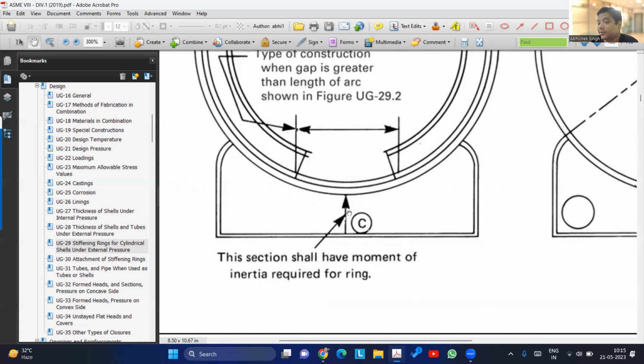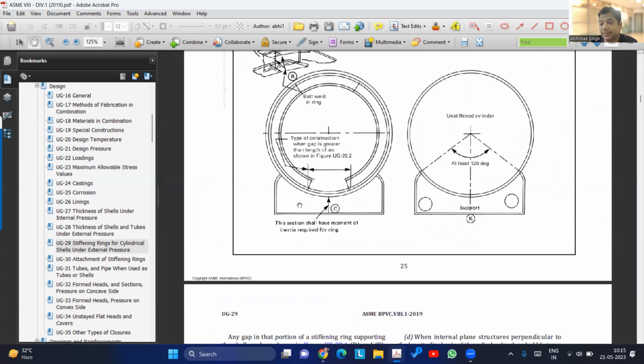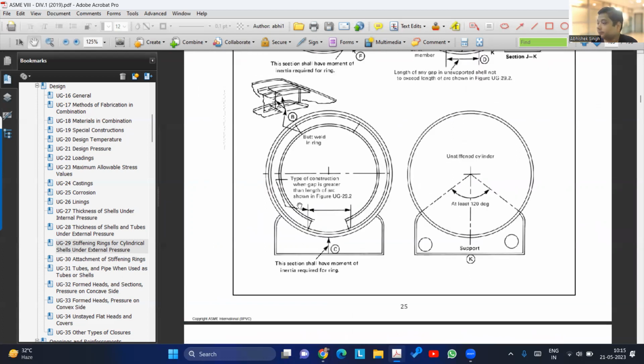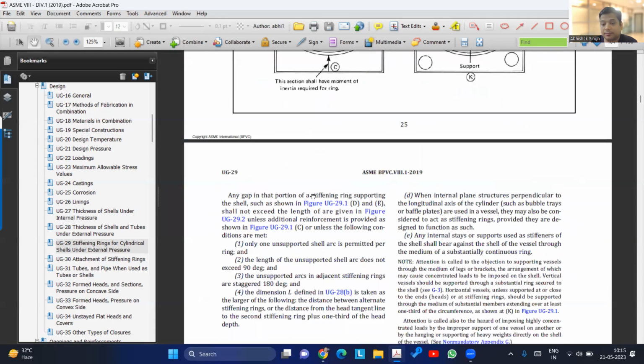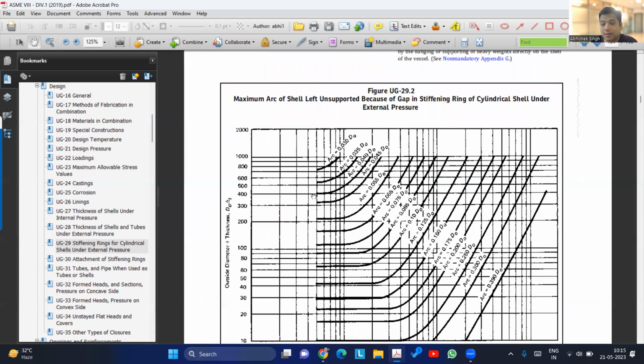It should have greater or equal moment of inertia than the ring. Then even having more gap is acceptable. Making sense? Lagaman and Sumit? Yes, sir. Okay, great.